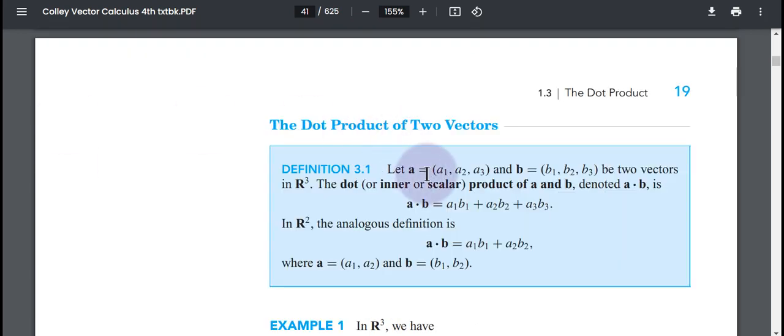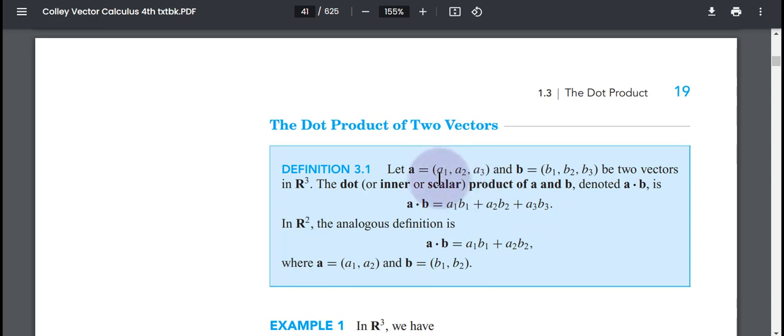So here's the definition of the dot product when we have 2 vectors in R3. We have one vector in R3 and another vector in R3. And what do we mean by the so-called dot product? This is the notation for multiplying A and B in a certain way. And this is the meaning. So it's very simple.